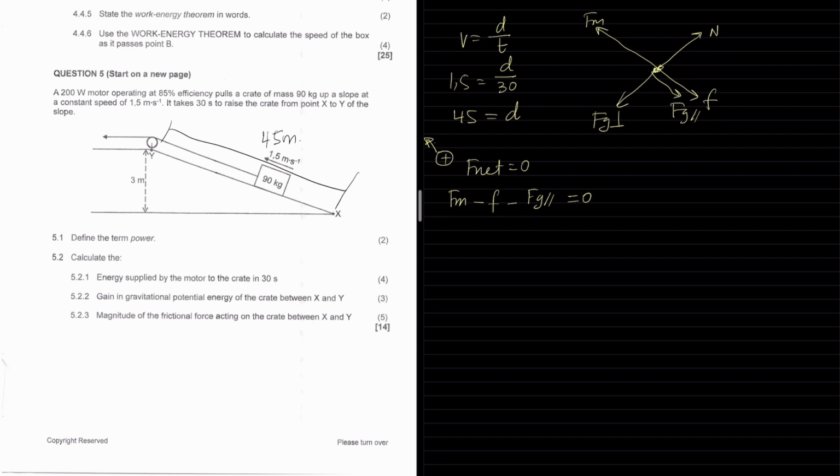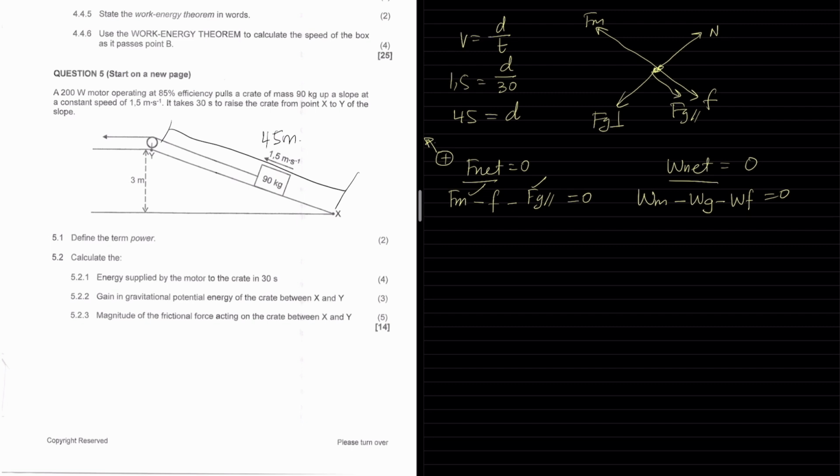Now, I can relate this to the work energy theorem. W net is equal to 0, and that's because F net is equal to 0. That means the work done by the motor minus the work done by gravity minus the work done by friction is going to equal 0.